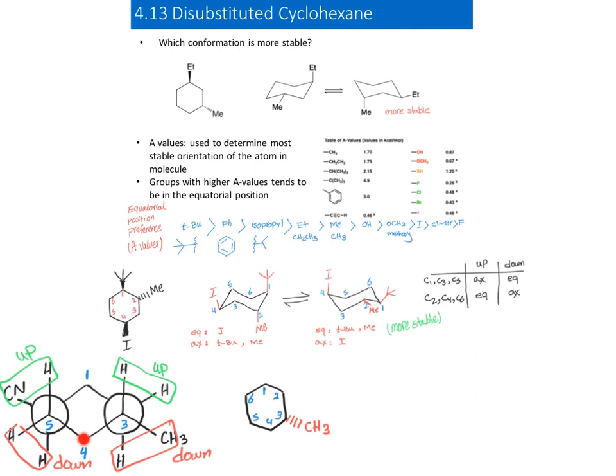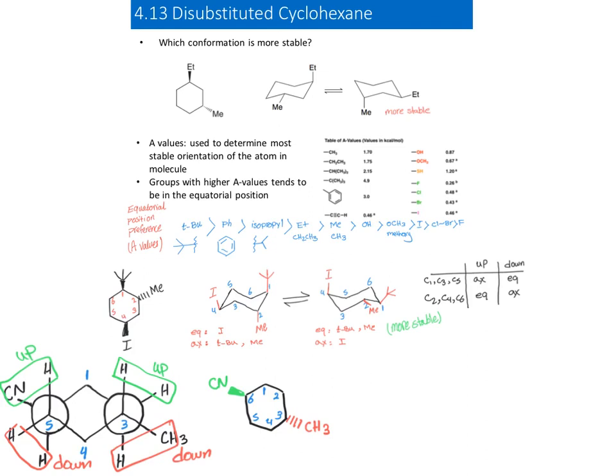To carbon number 4, we have 2 hydrogens attached. We don't show them. Carbon number 5, hydrogen and hydrogen attached. We don't show them. And to the back carbon, which is carbon number 6, we have cyano and hydrogen attached. So this cyano group is pointing up. So we show that with a wedge bond in the cyclohexane ring. Now from here, we can use the chart that we developed and draw both chair conformations.